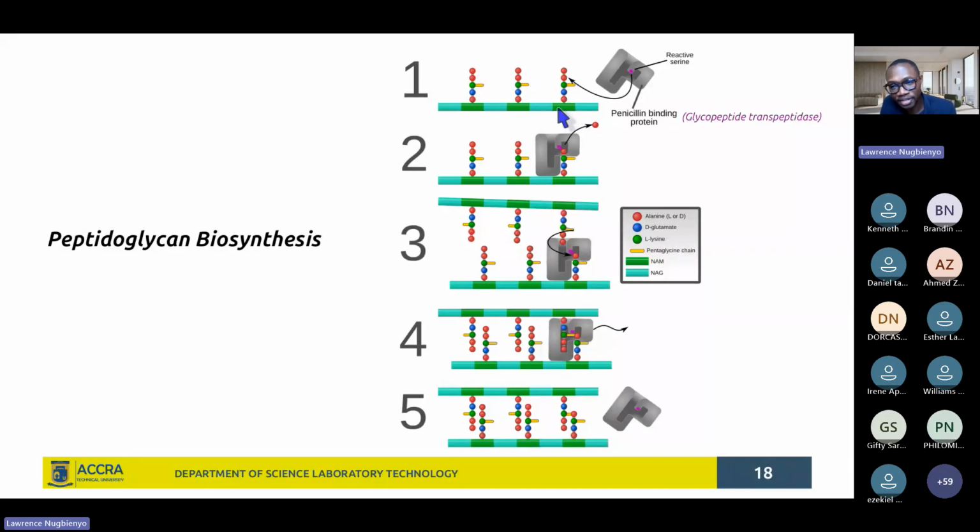That is the carbohydrates, the glycan part of it, such that this teal color is the glycan chain.